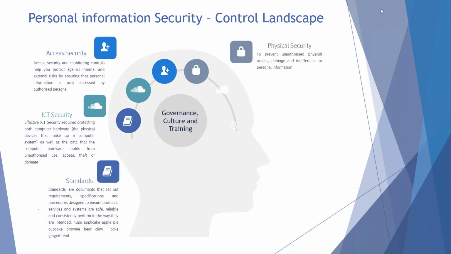Physical security is very important, a classical and still very important piece of control to protect the personal information. Third-party suppliers. The majority of our businesses these days, especially commercial businesses, are outsourced. And as we discussed before, in terms of the definition, suppliers have equal responsibilities to protect the personal information.